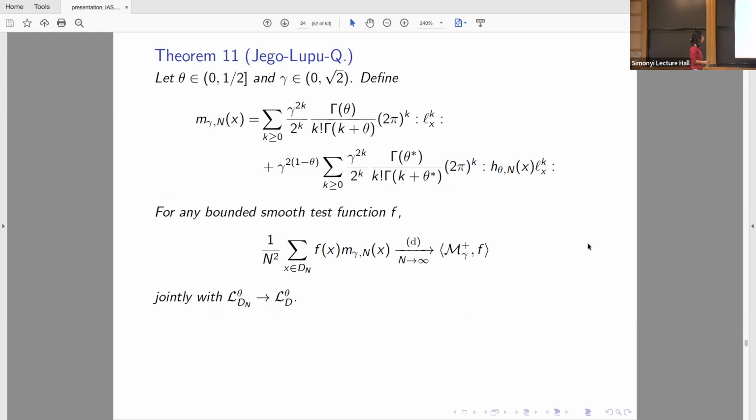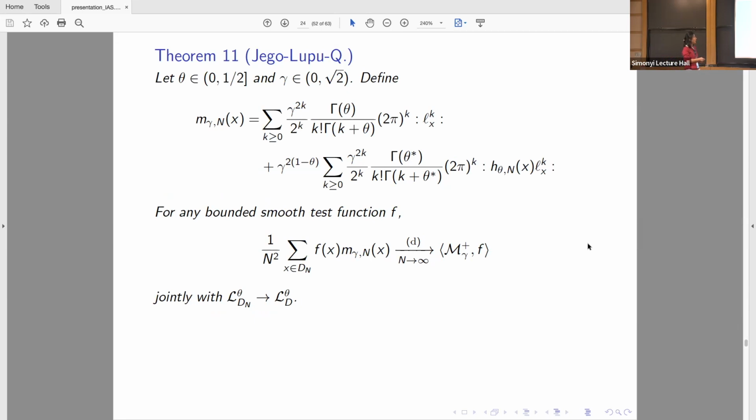In fact, in the discrete, if we do take this fractional power and define this complicated series, then this series will actually converge to this m gamma plus in the continuum, jointly with the loop soup.